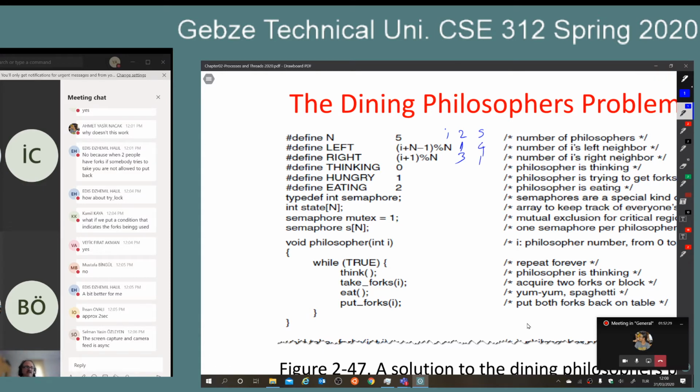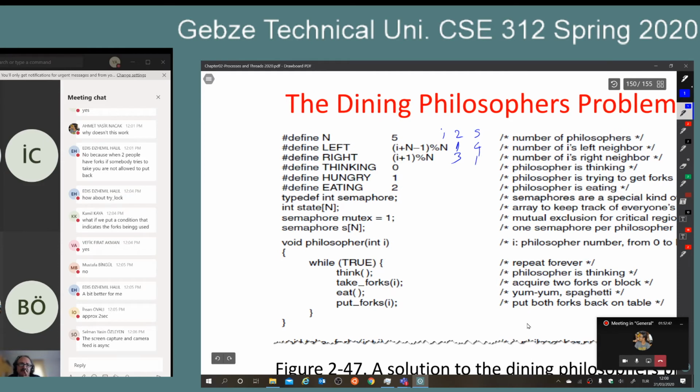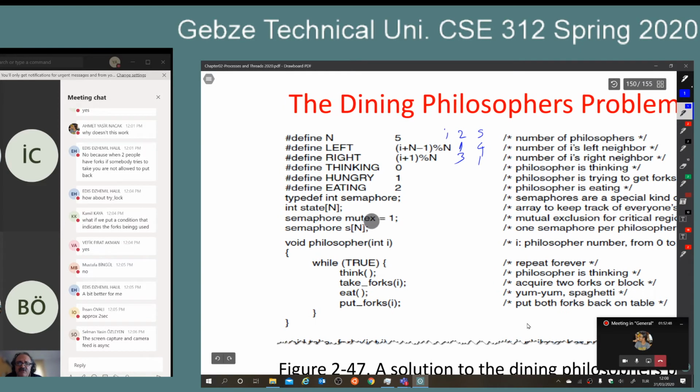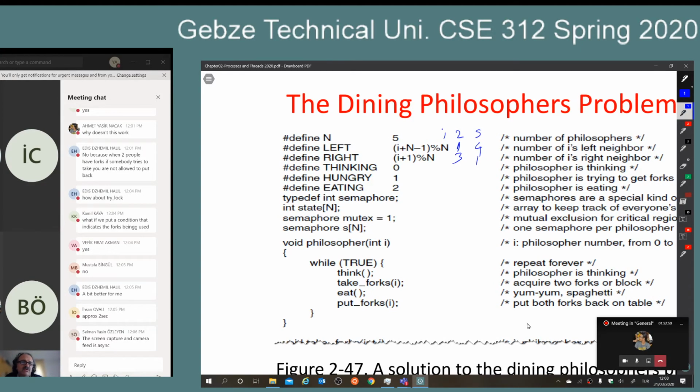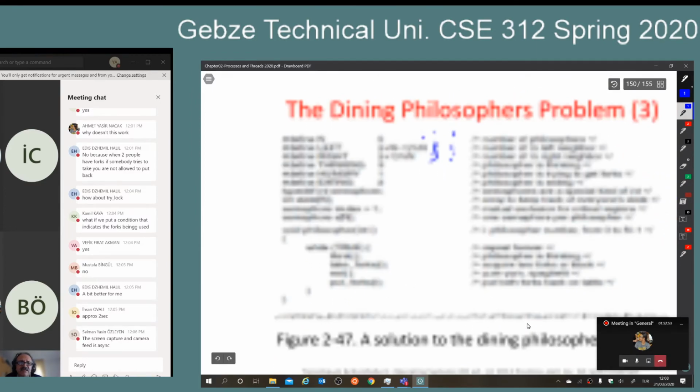And I have 3 states: thinking, hungry, and eating. And I have a mutex semaphore to control the critical region.